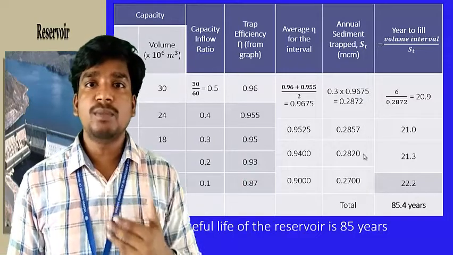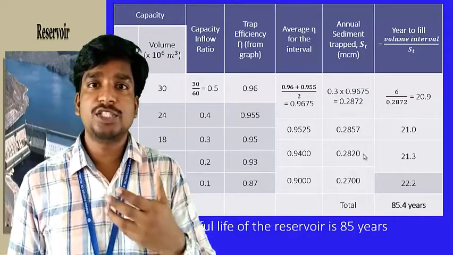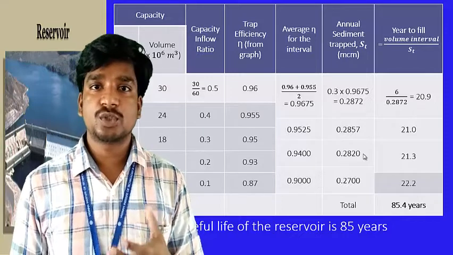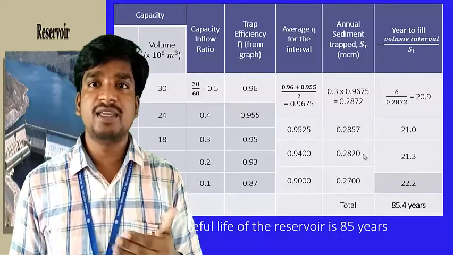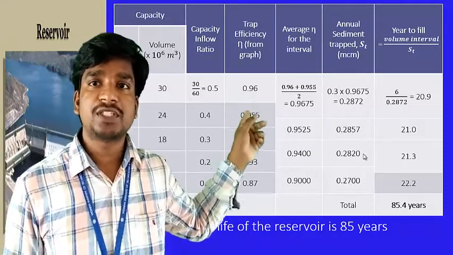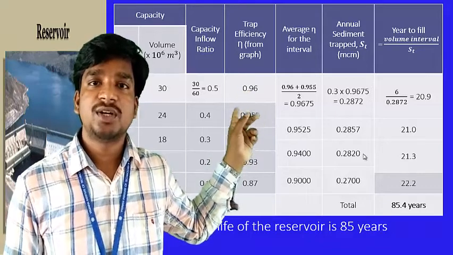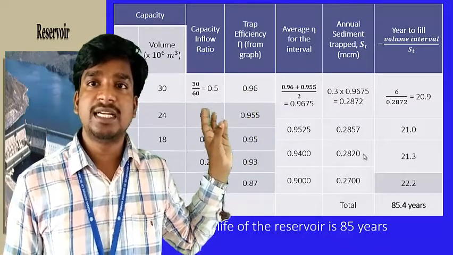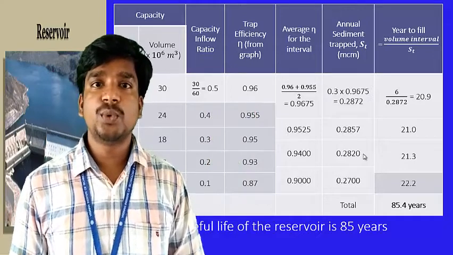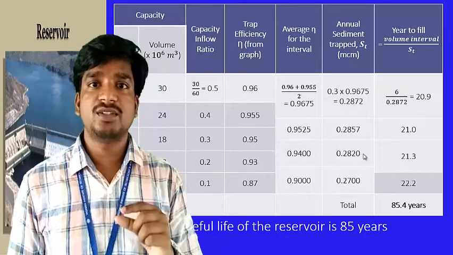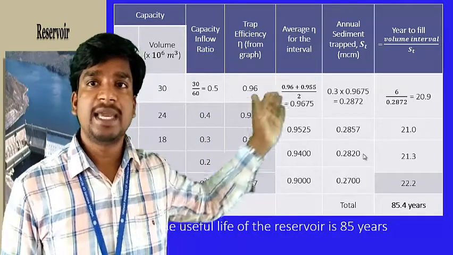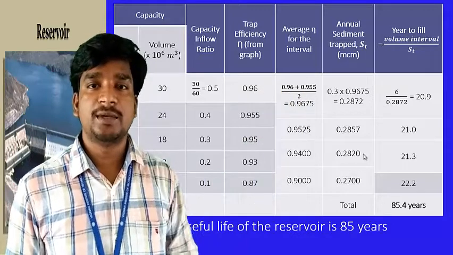What is the volume here? The volume of the interval is assumed as 6 million cubic meters. So 6 million cubic meters is divided by the first interval's annual trapped sediment, which is given as 0.2872. So 6 is divided by 0.2872, and we get the years as 20.9.